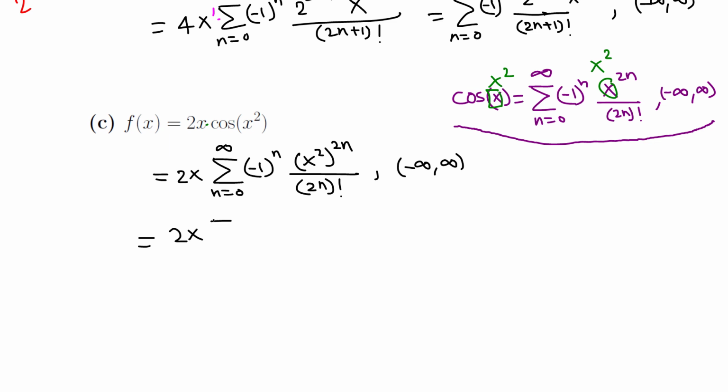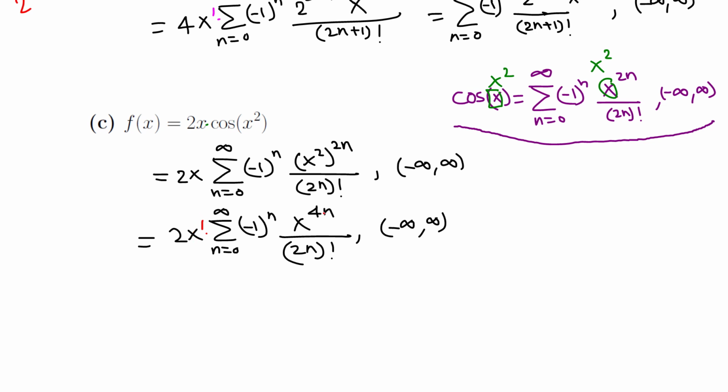So it is 2x times this power series, x squared to the 2n, meaning x raised to 2 times 2n, which is 4n, over (2n) factorial. Now 2x means x raised to 1.